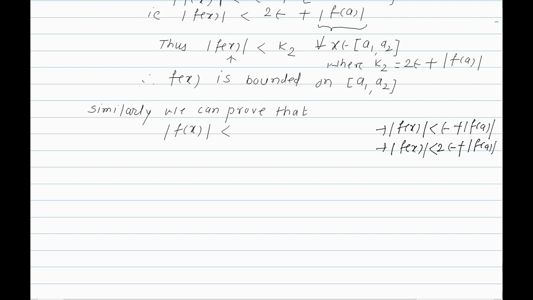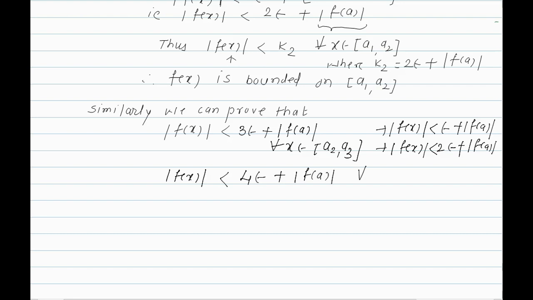For the third interval, we will get 3 epsilon plus mod f of a for all x in the third interval a2 to a3. Mod of f of x is smaller than 4 times epsilon plus mod f of a for all x in the fourth interval a3, a4, and so on.